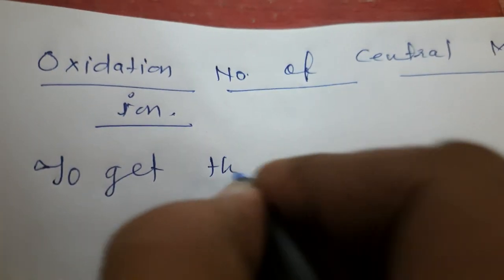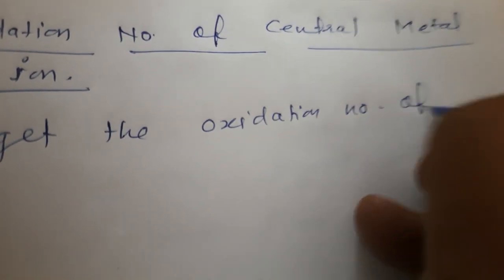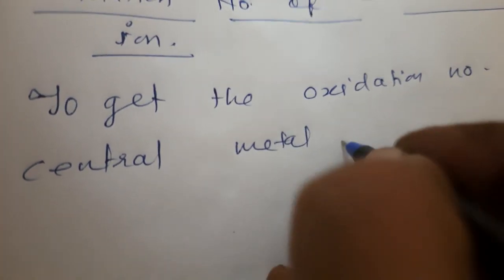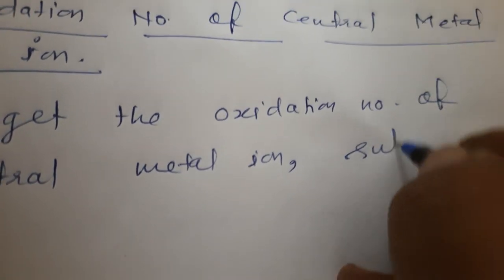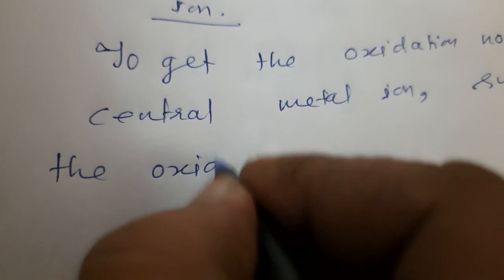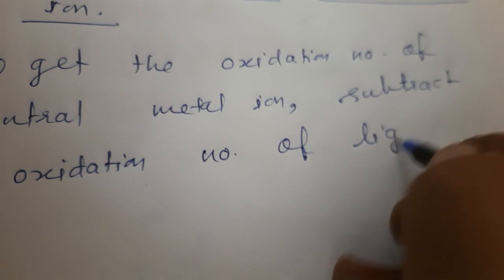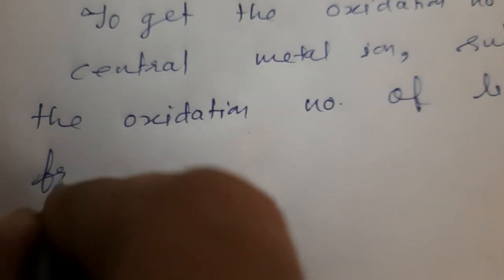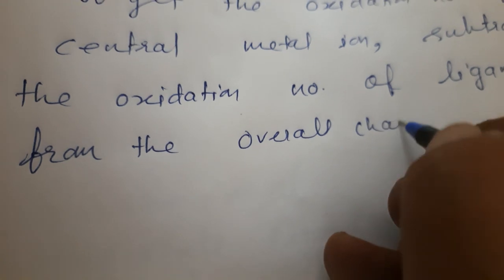To get the oxidation number of the central metal ion, subtract the oxidation number of ligands from the overall charge of the compound.